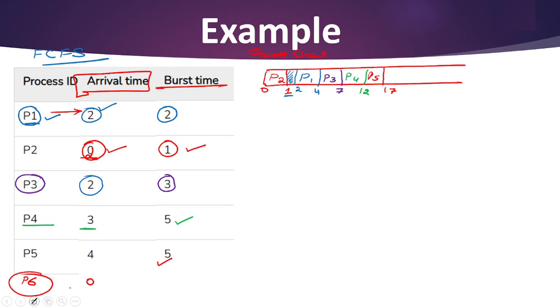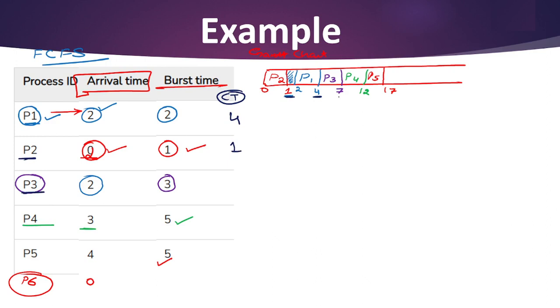Now let's just complete this table. So here you need to create the completion time. So completion time for process P1 is what? It is 4. Okay, completion time for process P2 is 1.